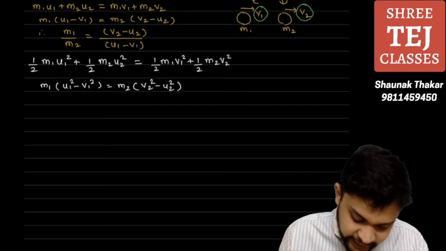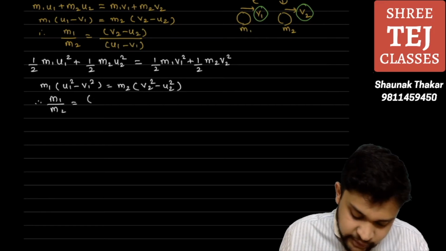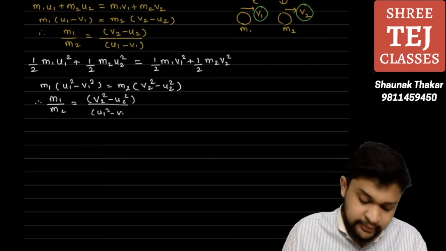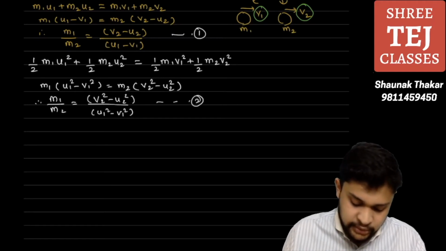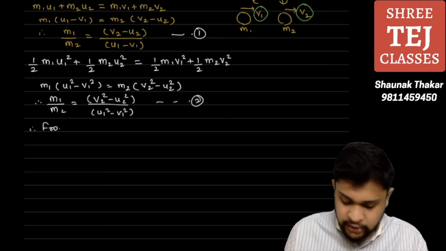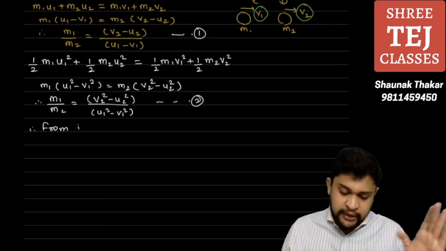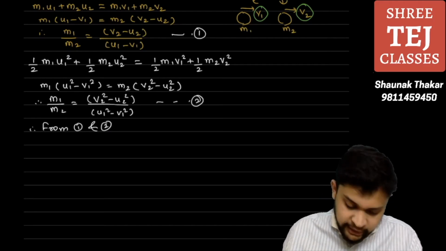Therefore we get m1 upon m2 is equal to (v2 square minus u2 square) upon (u1 square minus v1 square). Let's say this is 1 and this is 2. Therefore from 1 and 2, what will we obtain? LHS are equal, so RHS will also be equal.